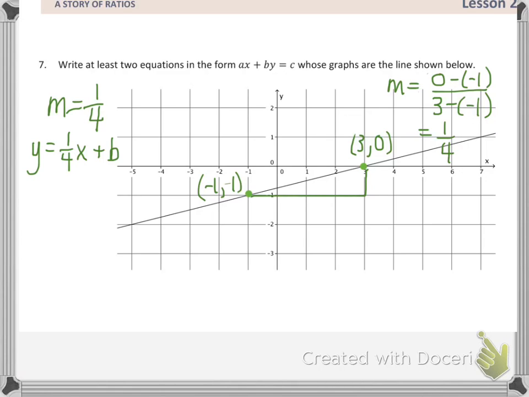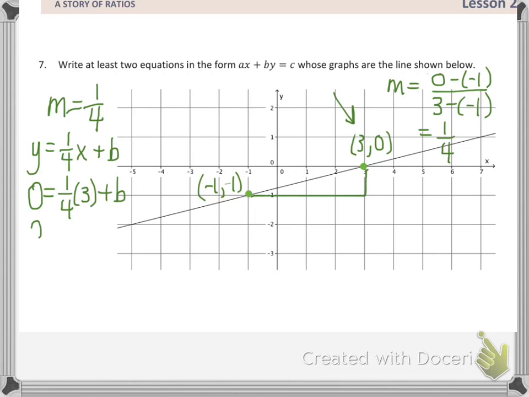I'm going to put in one of my points, so I'm going to choose this 3, 0. So in that point, it's a known solution to this equation. The y is 0, so 0 equals 1/4 times 3 plus b.